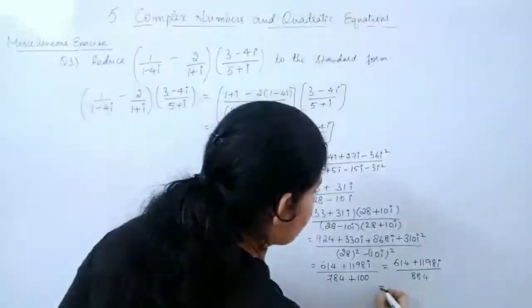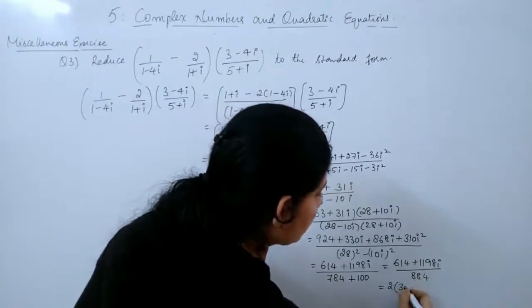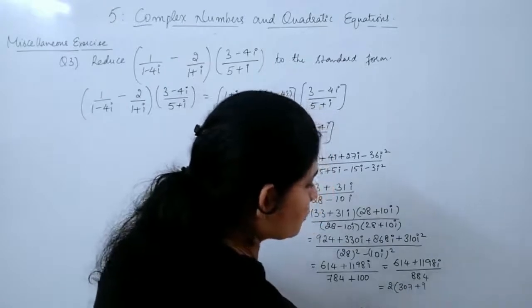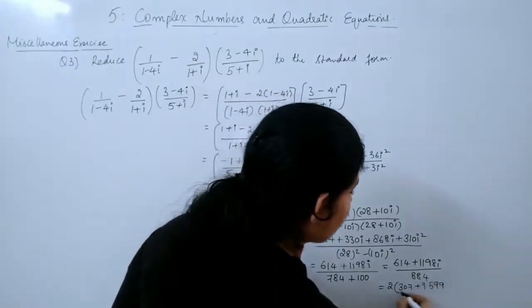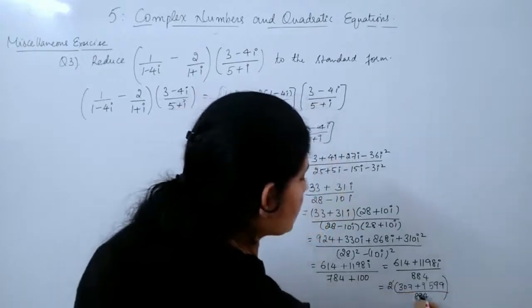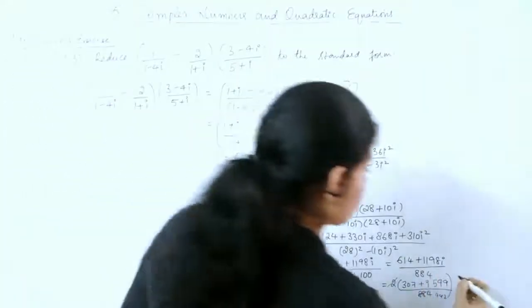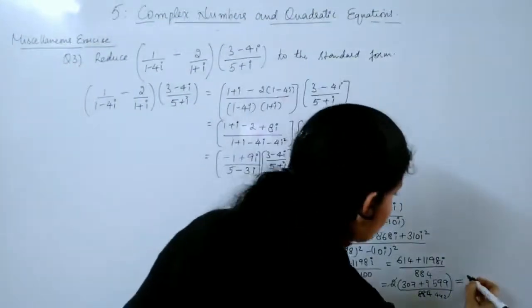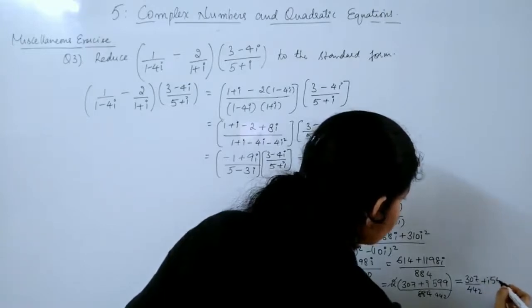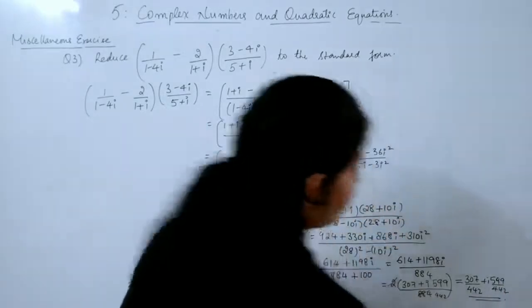Now again you can take out a 2 from the numerator, so that this will become, now the remaining will be 307 plus i into 1198 divided by 2 will give you 599 divided by 884. So that this gets cancelled and you will get 442 in the denominator. So the answer should be written in a plus ib form, so that you can write it as 307 by 442 plus i into 599 by 442. Okay.